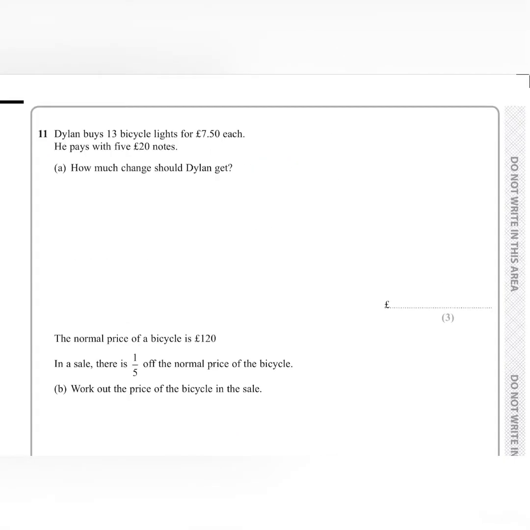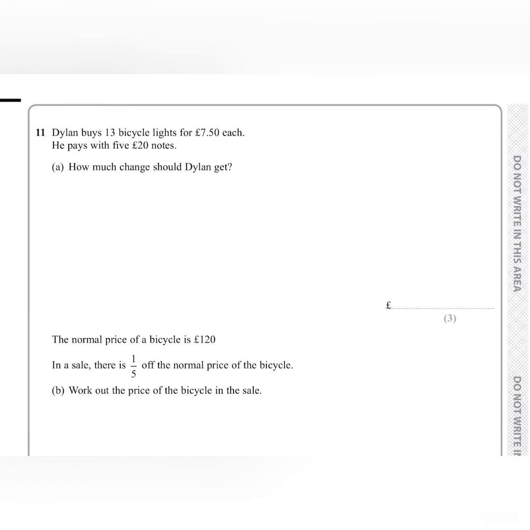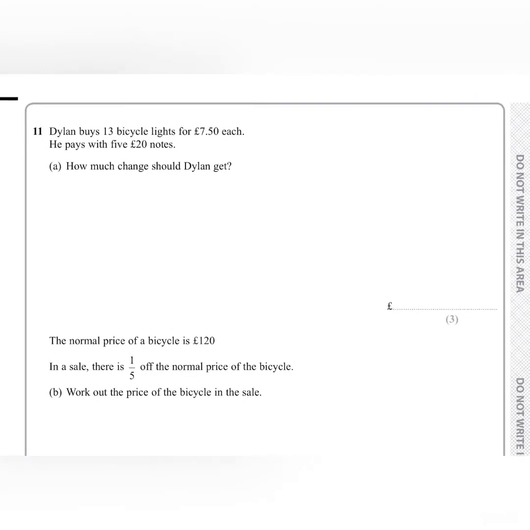Moving on to question number 11, it says Dylan buys 13 bicycle lights for £7.50 each. He pays with 5 £20 notes. How much change would Dylan get? Okay, so it's a calculator paper, so you can do 13 times by £7.50.